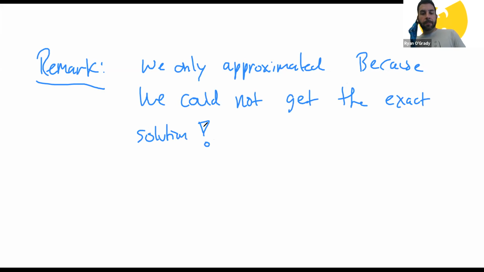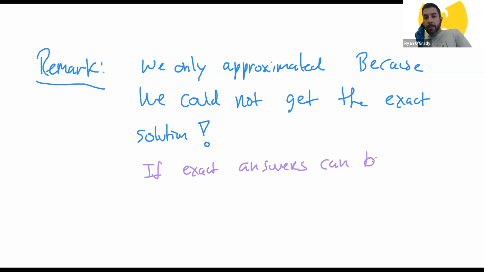And I've said this since the beginning of this class, and I'll say it over and over again. If you can get exact answers, that's what we want. So let me remind you, if exact answers can be obtained, you must obtain them.